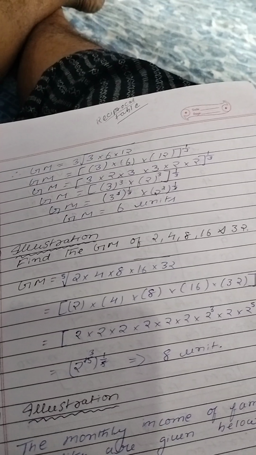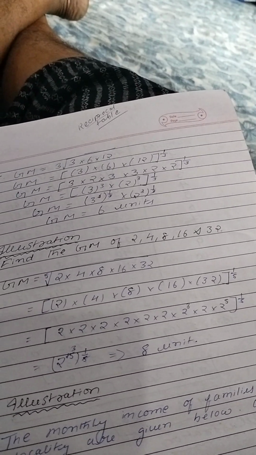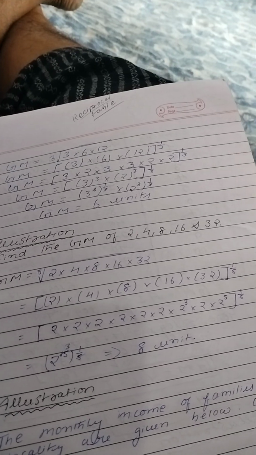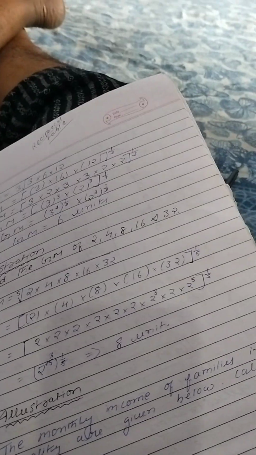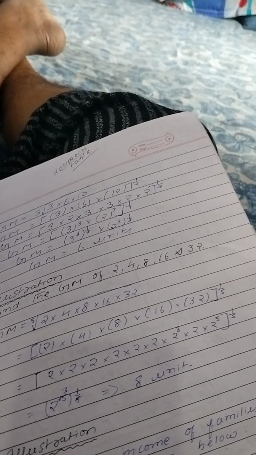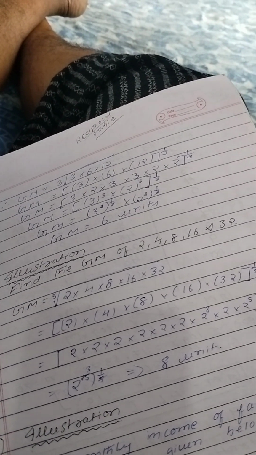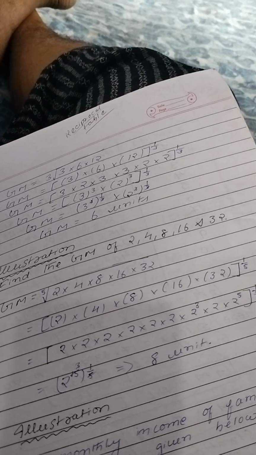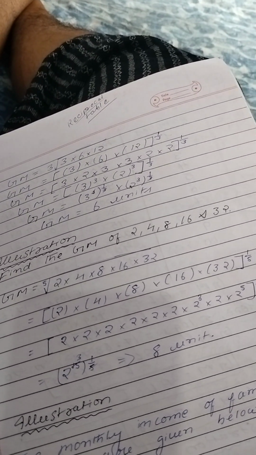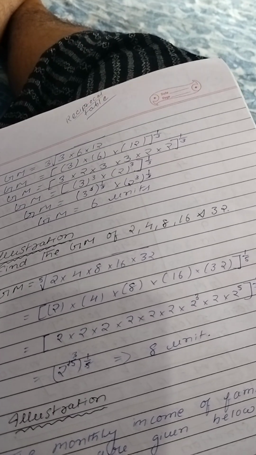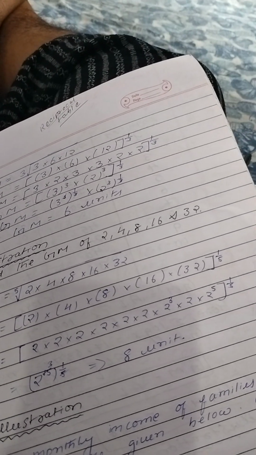Then we have the illustration: find the GM for 2, 4, 8, 16, 32. So here 5 observations are there, so n will be 5, as I said. Then just break it out: 2 is 2, 4 is 2 squared, 8 is 2 cubed, 16 is 2 to the power 4, and 32 is 2 to the power 5.